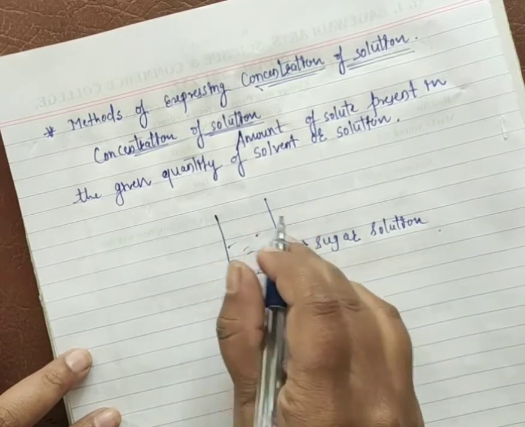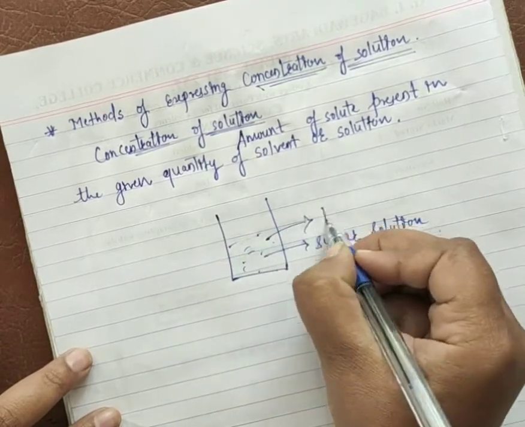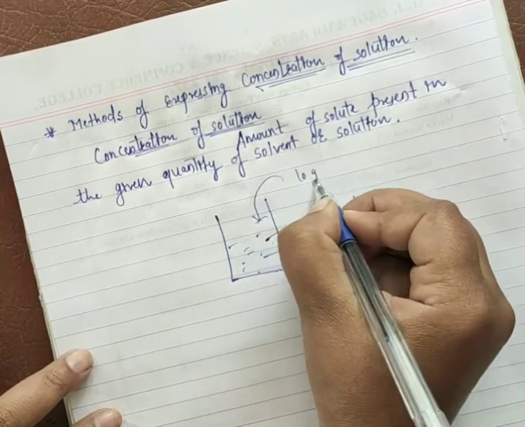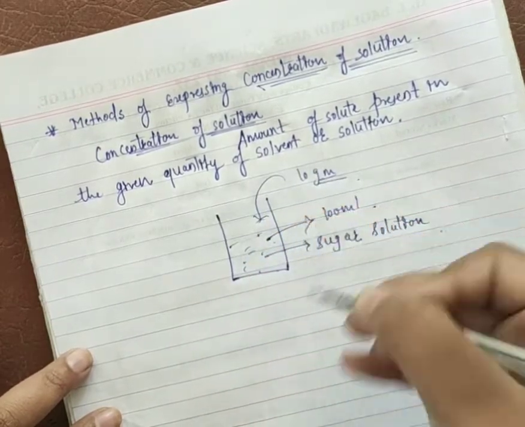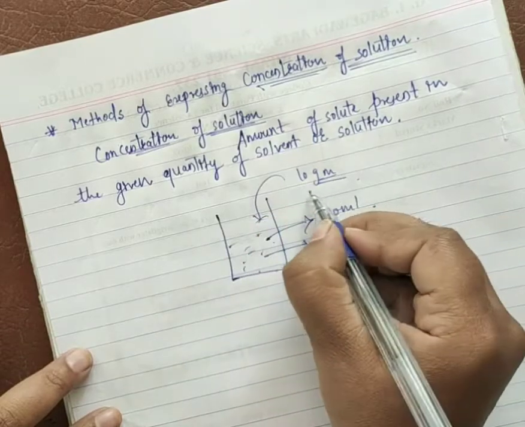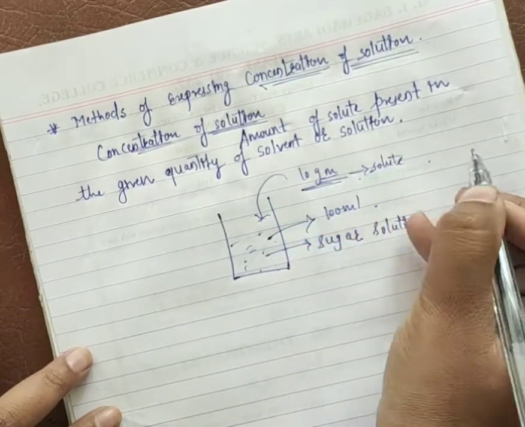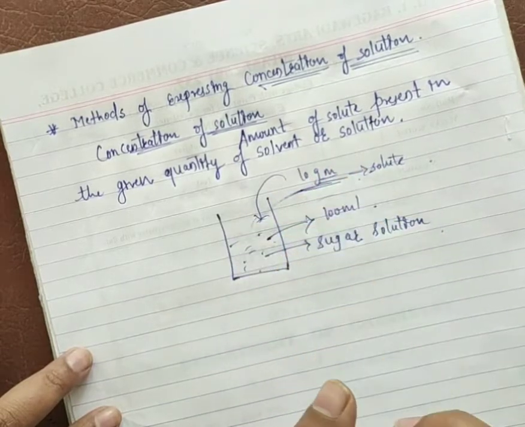Suppose I take 100 ml of water and I add 10 gram sugar. So we have 10 gram of solute which is present in 100 ml of water.